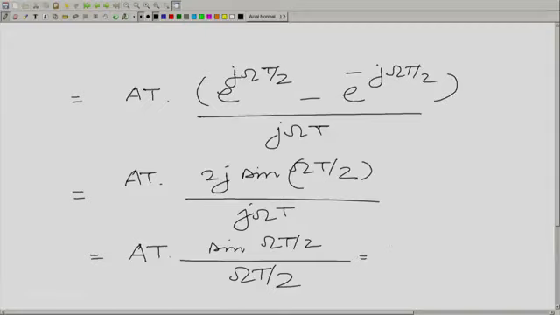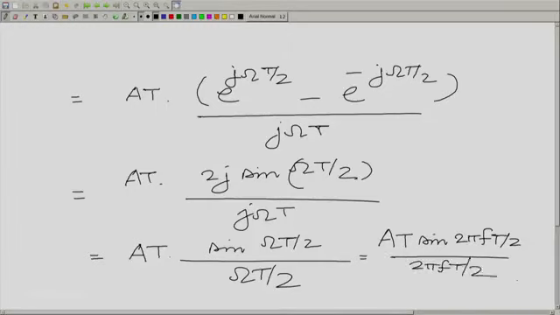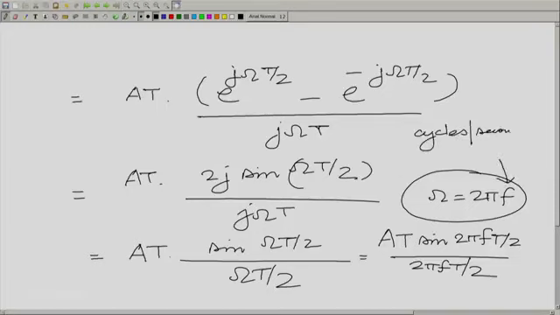We can rewrite it in the following way: a T sine of 2 pi f T by 2 divided by 2 pi f T by 2, where omega is essentially 2 pi f. So, f here corresponds to the cycles per second frequency, and this is of course the angular frequency, as you know, capital omega.